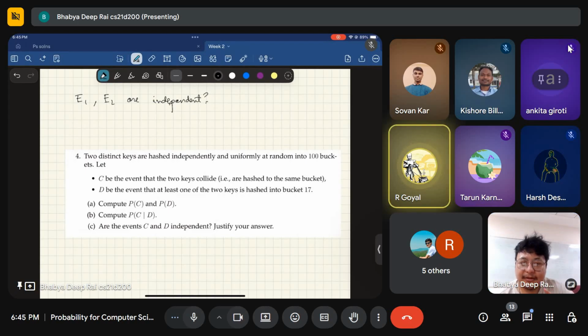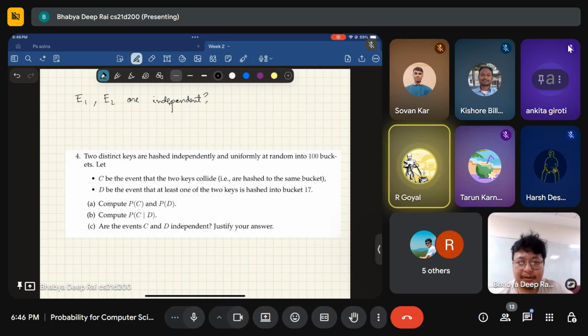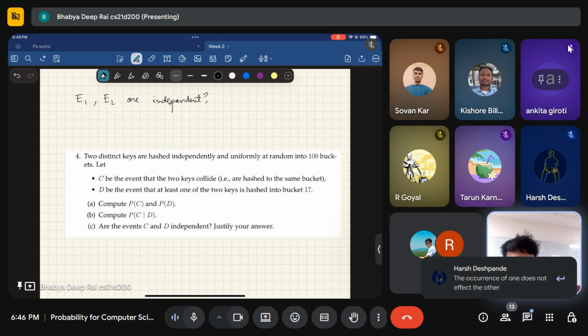Joint probability of E1 and E2 is equal to the product of the individual probabilities of E1 and E2. That's right. And what is the practical understanding? One event is not leaving any impact over the occurrence of the other one. That's right. The occurrence of one does not affect the other.